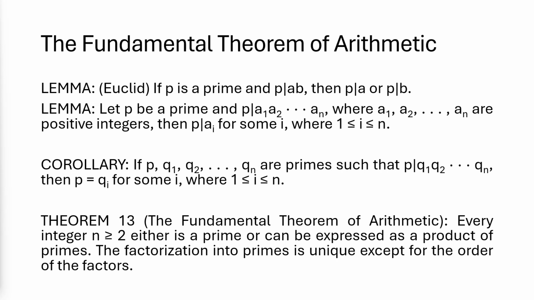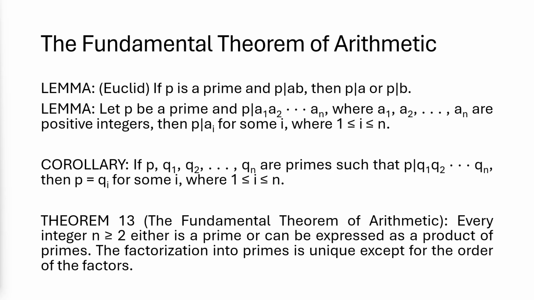Now, we do also have the corollary. If P, Q sub 1, Q sub 2 up to Q sub n are primes such that P divides the product of Q sub 1 to Q sub n, then P is equal to Q sub I for some I where I is greater than or equal to 1 but less than or equal to n. Same procedure, we can give that proof.